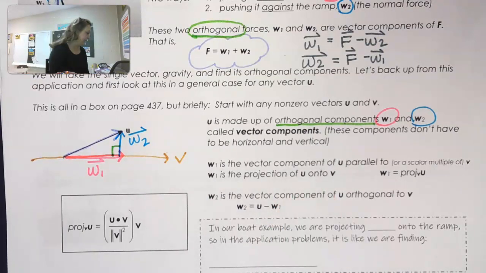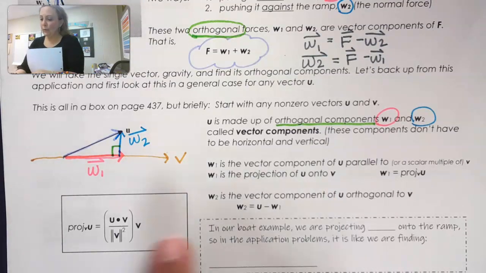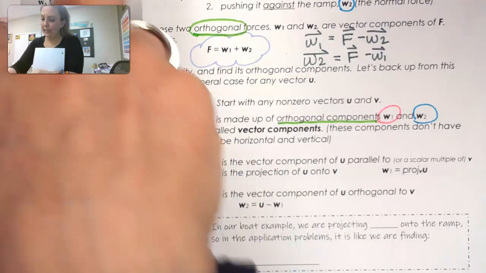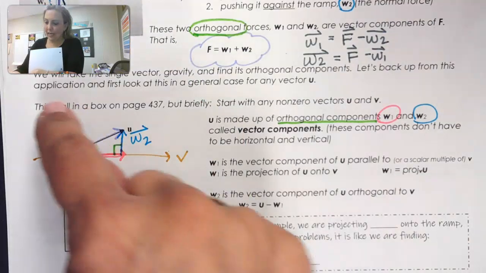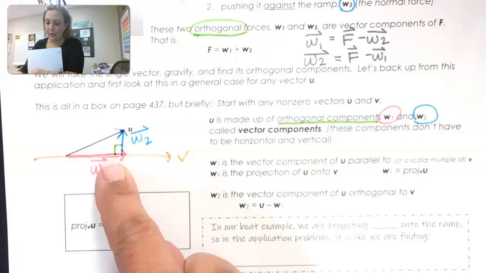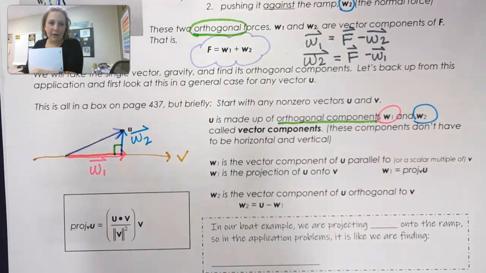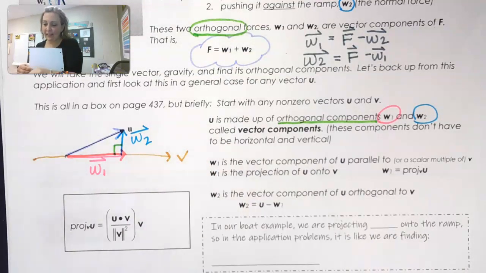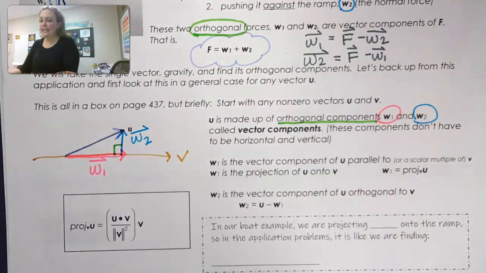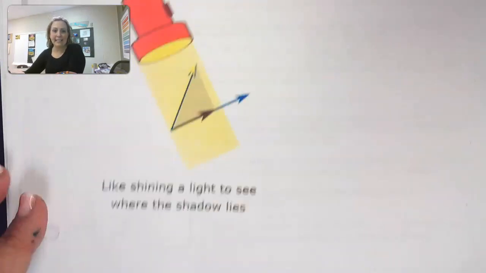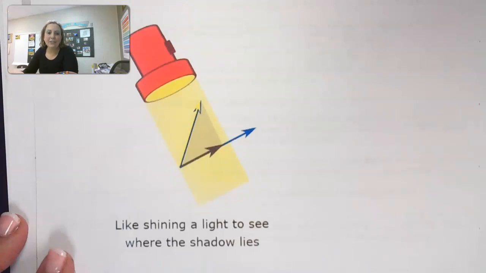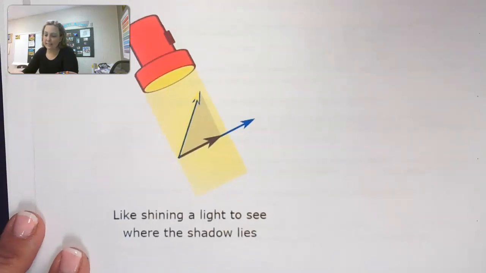When we look at the idea of projection, I like thinking about it as if you were to shine a light on u, what would the shadow of u look like on this specific vector v? I know this isn't the same direction, but it's kind of like this idea: a light shining to see where the shadow lies.